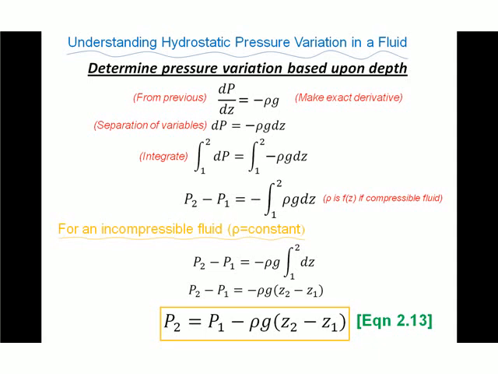We can compress a gas very easily, so that's not a good one to use. But in most cases, we can make the assumption that a liquid is going to be incompressible. So if we're dealing with things like water or an oil, we have to state the assumption, but if we make the assumption that it's incompressible, then the density is constant, and we can use this equation 2.13. So those are the two assumptions you're going to need for this: that it's static, and that we assume the fluid is incompressible.